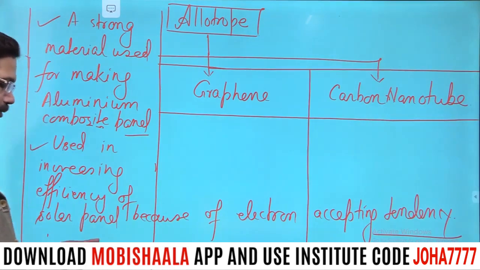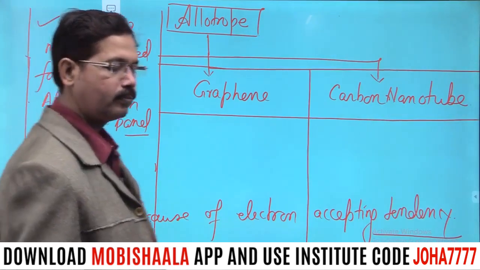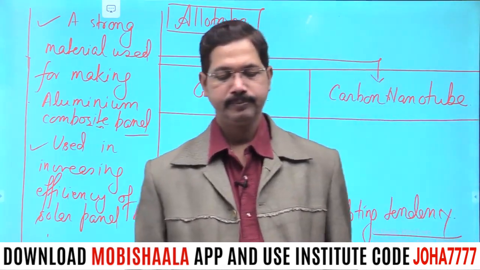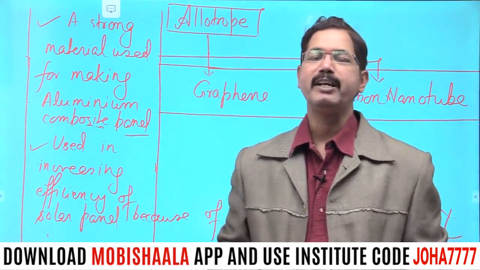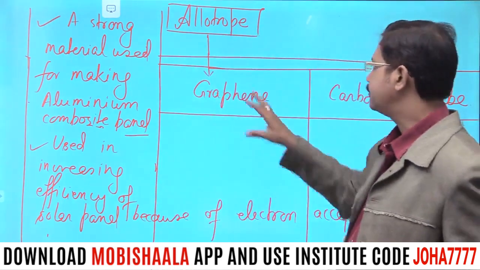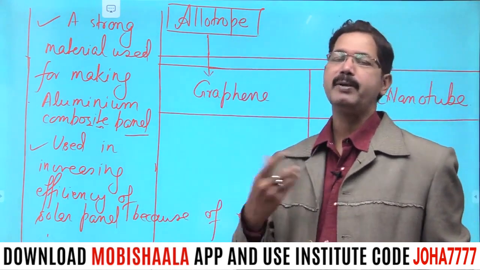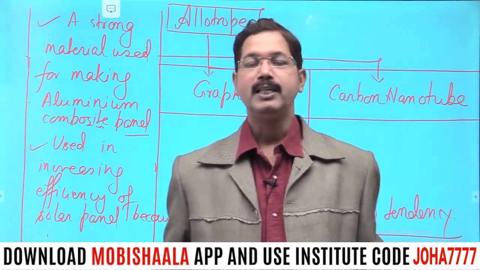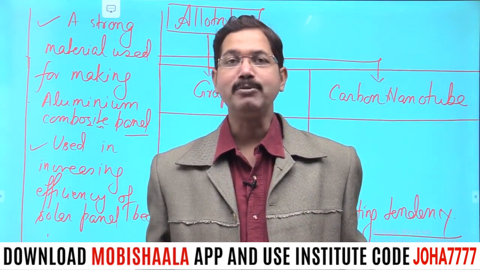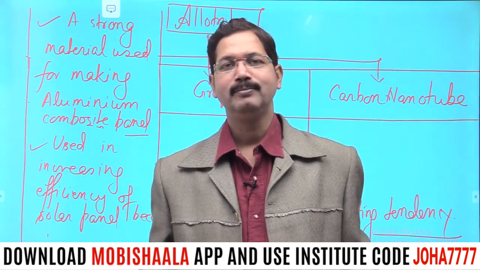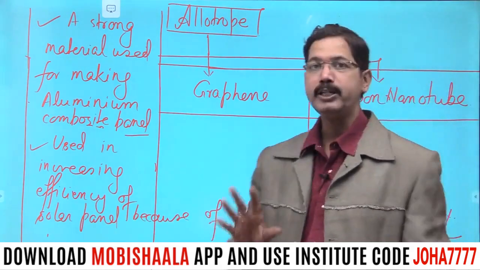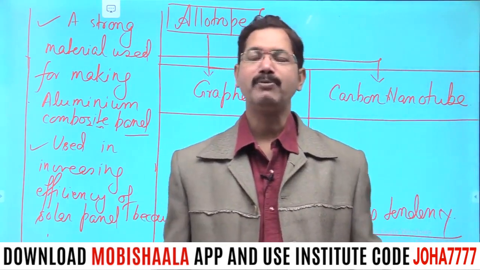Thereafter there is graphene. So graphene is made up of basically graphite. It consists of what? Graphite. And this is a transparent material. But it is very strong. It is 100 times stronger than steel. So when you use a sheet of this graphene, that is also made up of carbon.